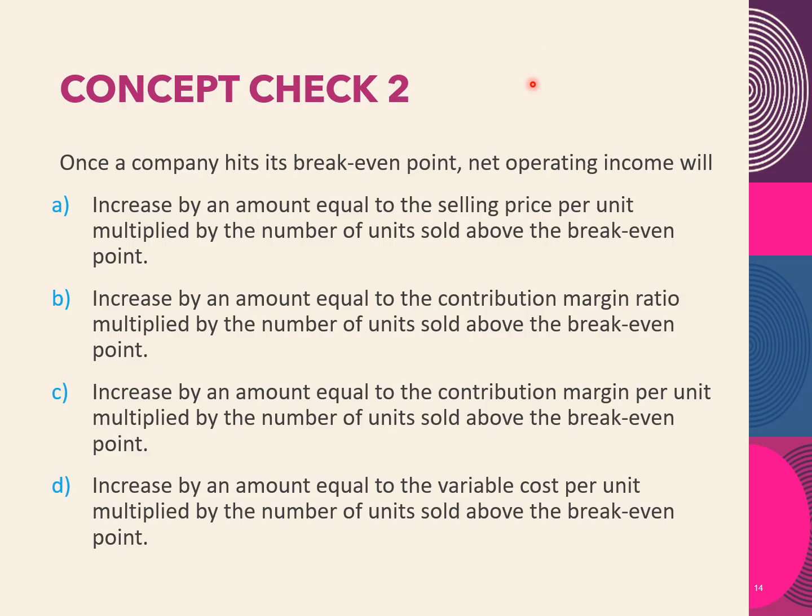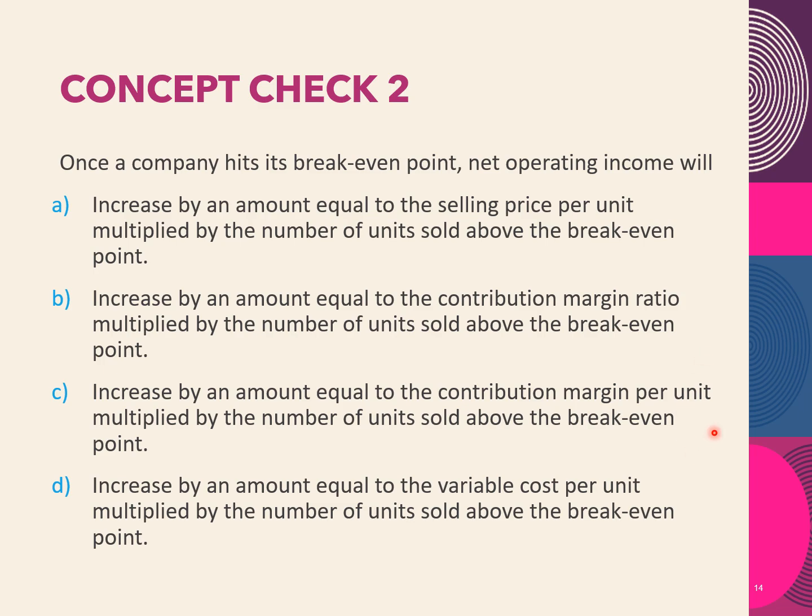Concept check number 2. Once a company hits its break-even point, net operating income will A. Increase by an amount equal to the selling price per unit multiplied by the number of units sold above the break-even point. B. Increase by an amount equal to the contribution margin ratio multiplied by the number of units sold above the break-even point.